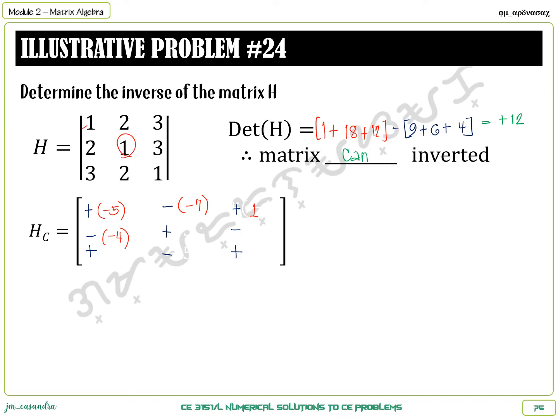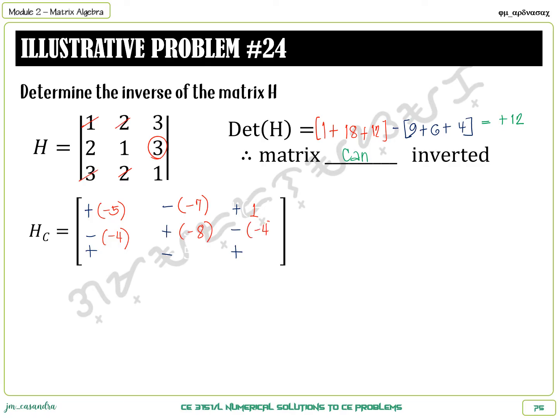That is equal to 1 times 1 minus 3 times 3. So that's negative 8. And then we have element 2, 3. That is now 1 times 2 minus 3 times 2.